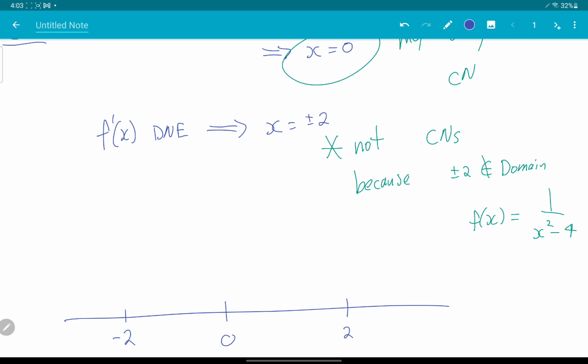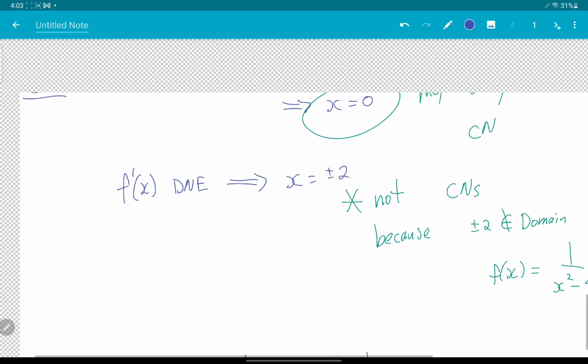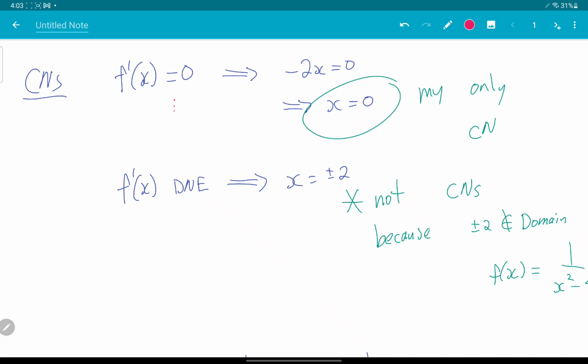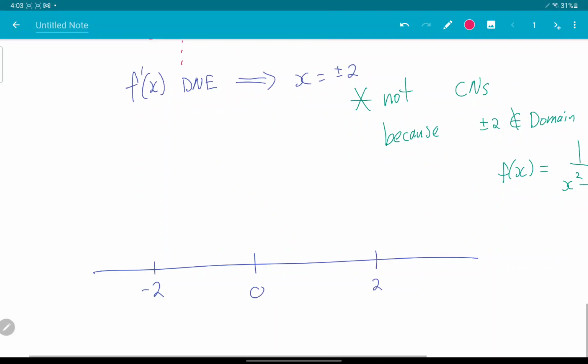Okay, my function can change from increasing to decreasing at an asymptote. If you think about it, if you have a vertical asymptote, I could be increasing before and I could be decreasing after, right? Okay, so for that reason, I'm going to take my asymptotes and put them on my number line here.